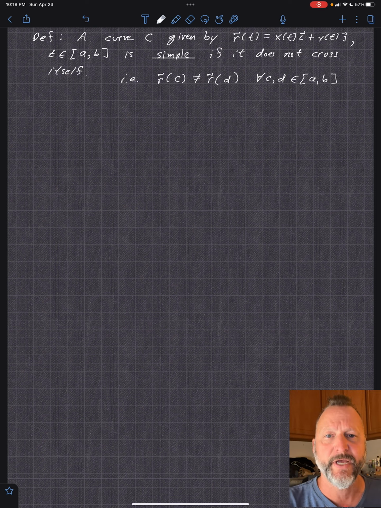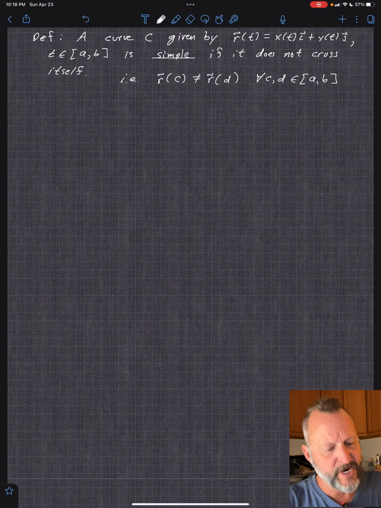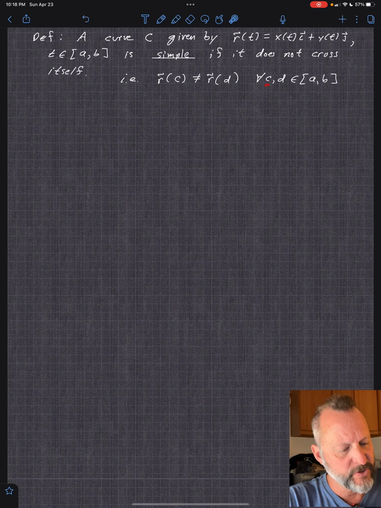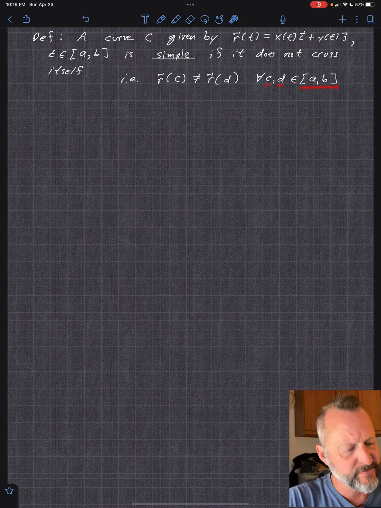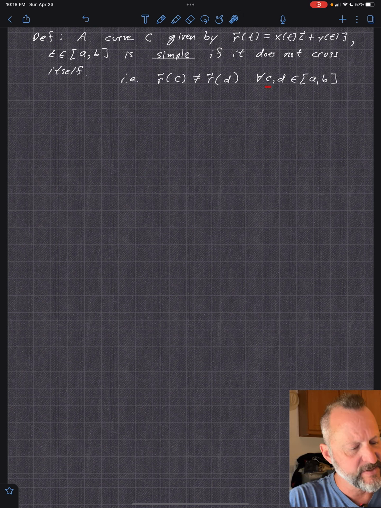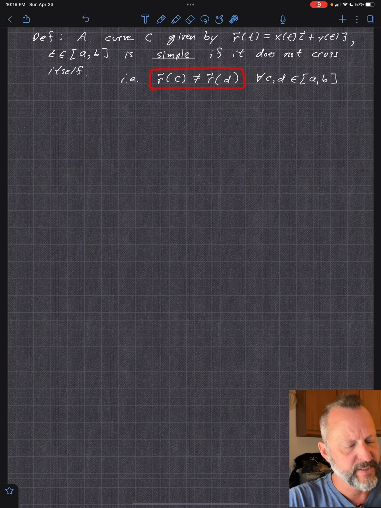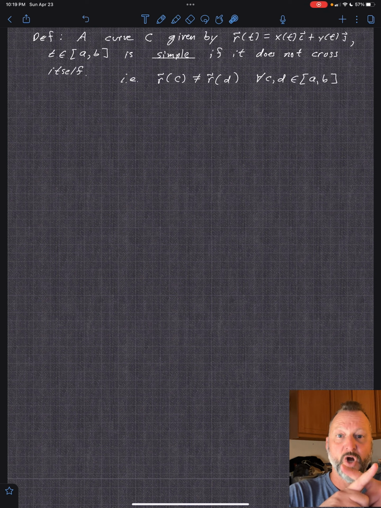So that's one way to describe it. These are arbitrary values inside the interval, and for every single arbitrary value, you never have equality, which means they wouldn't cross.